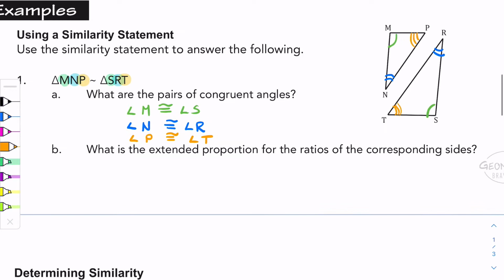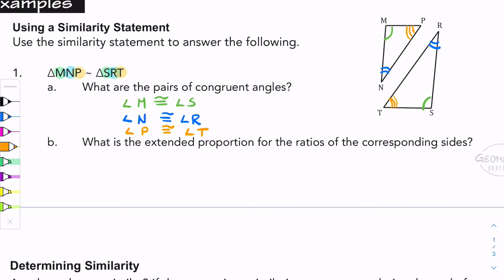Okay, what is the extended proportion for the ratios of the corresponding sides? I'm going to also use my similarity statement for that. I know the first pair of corresponding sides is going to be MN and ST. So I'm going to set that up as a ratio, MN over ST. This is equal to the ratio of the next set of sides, which is also going to be a proportion.